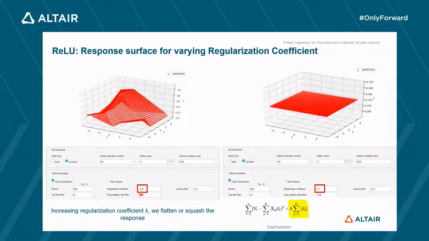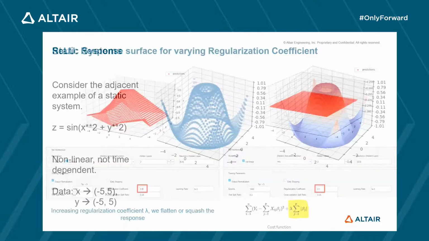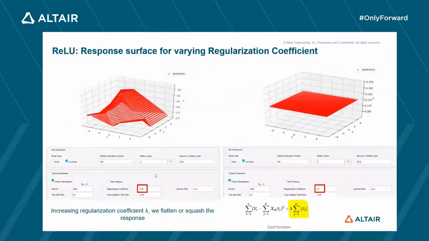So we can see that we have no regularization, and here the system, although it's not great, is beginning to look like the initial data that we provided. On the other hand, if we add regularization, we see that the whole output is just flattened. So increasing regularization has this effect of squashing the predictions or the output of the system.